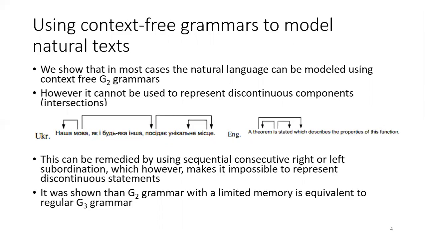However, it is worth noting that context-free grammars cannot be used to represent discontinuous components, like those shown in this example: "наша мова, як будь-яка інша, всегда унікальне місце." You see that there is a dependence between two non-adjacent, non-continuous words. The same is true of this English language example.